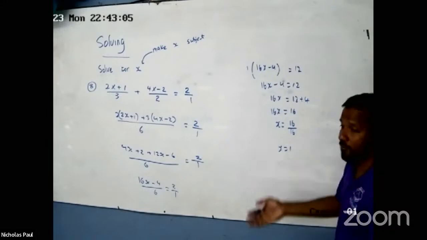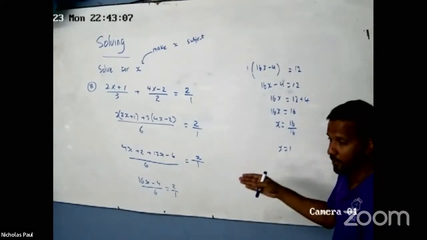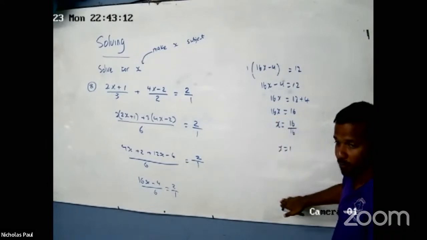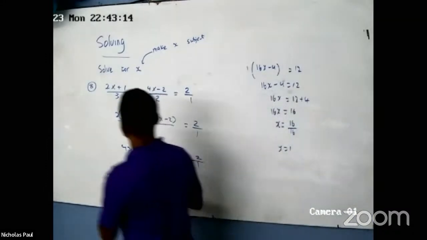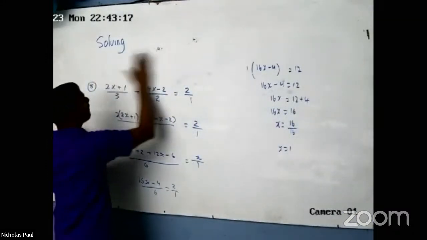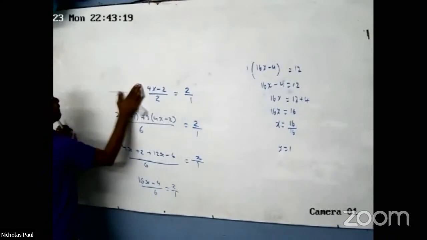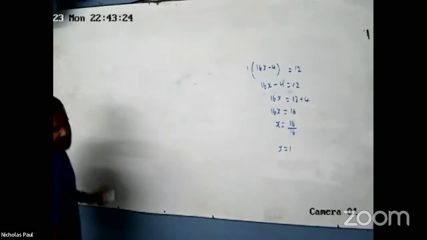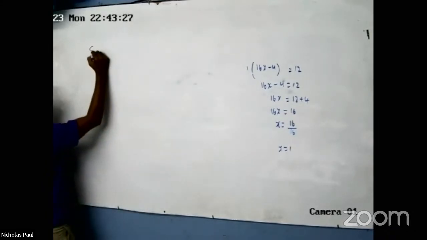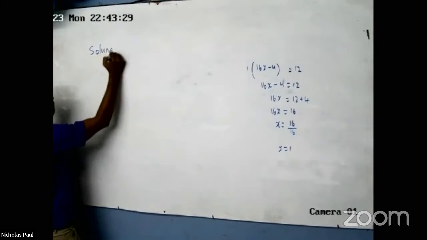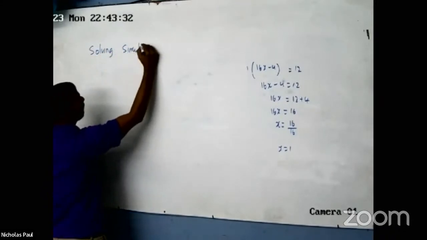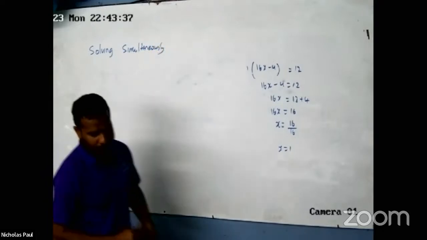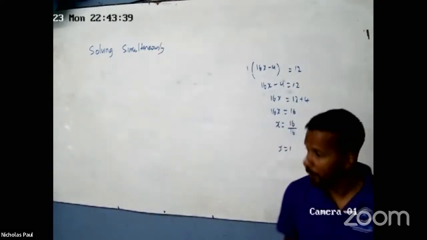What you would have done is eliminate one of the variables, and it will look like this, and you can work it out. Add up, solve, and simultaneous.